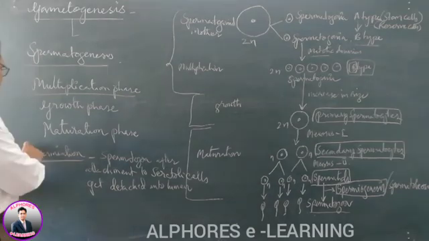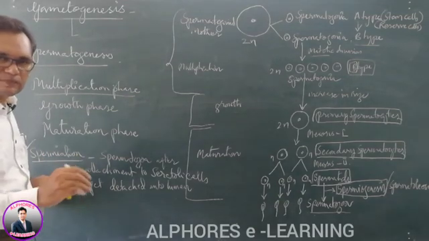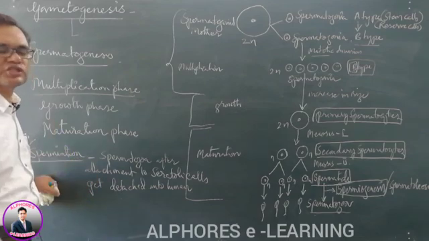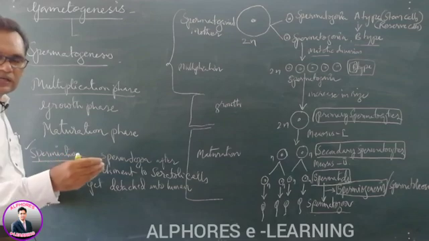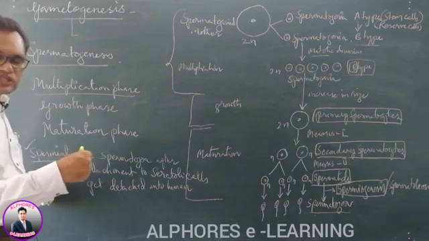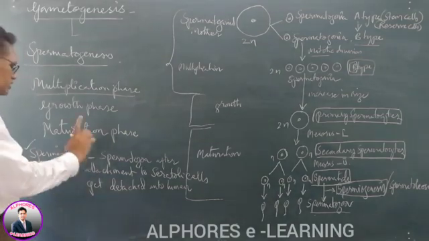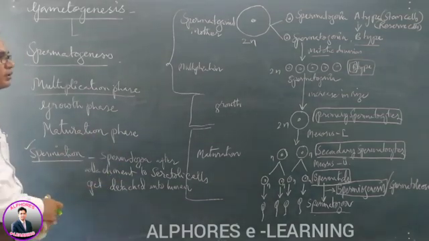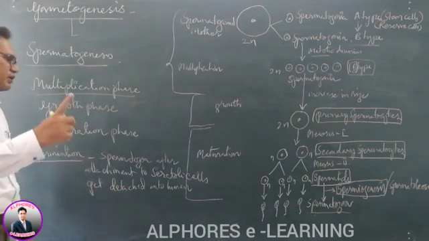The release of sperms from the Sertoli cells is called spermiation. This spermiation process takes place later. This is how the sperms are produced in the seminiferous tubule.